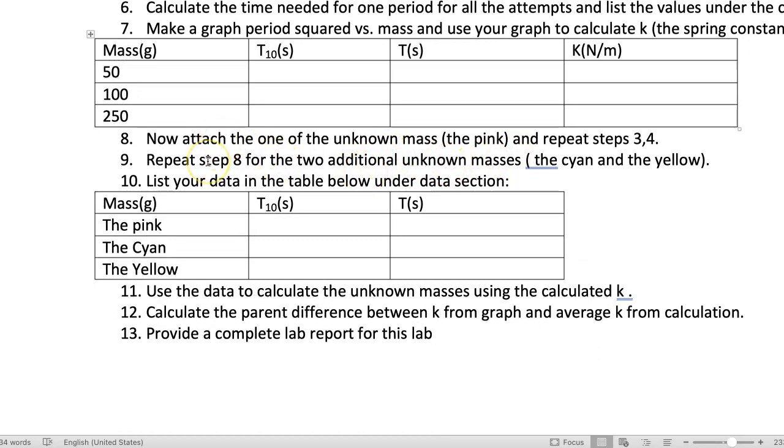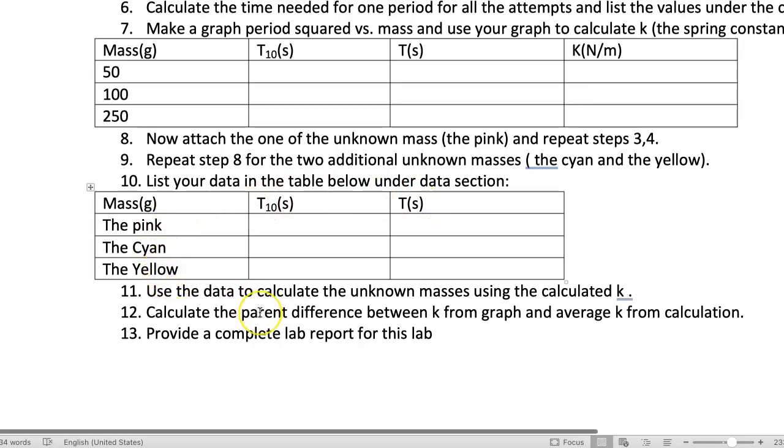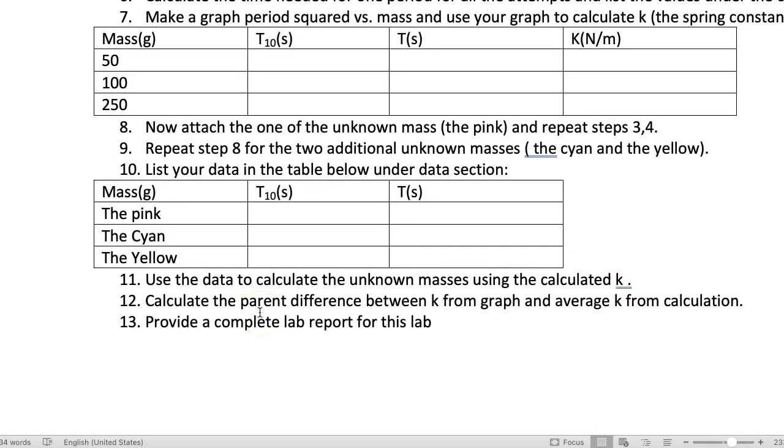The last task, which is task 5, you are going to attach, we have 3 unknown masses. You are going to measure their periods, T10, and of course T, for the pink, for the cyan, for the yellow, and you will use the data to calculate the unknown masses.